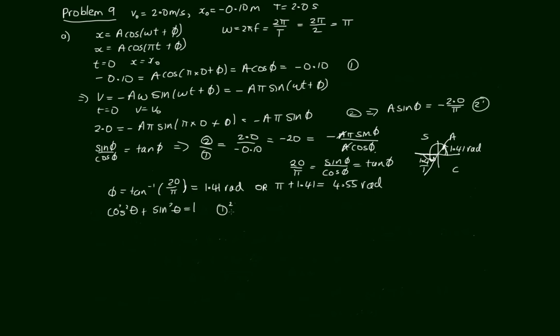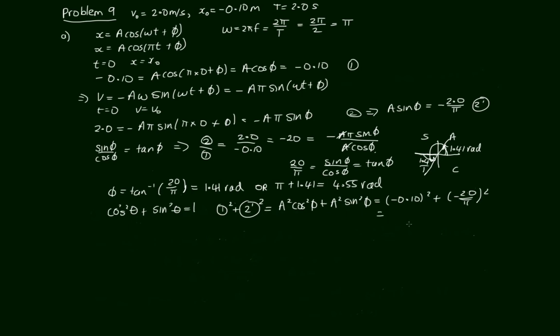Okay, so 1 squared plus 2 dash squared gives us a squared cos squared phi, plus a squared sine squared phi, is equal to minus 0.10 squared plus minus 2.0 on pi squared.